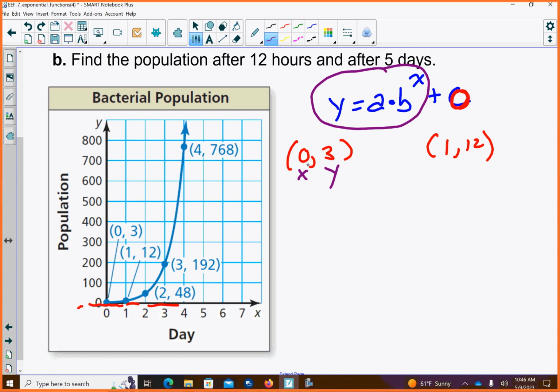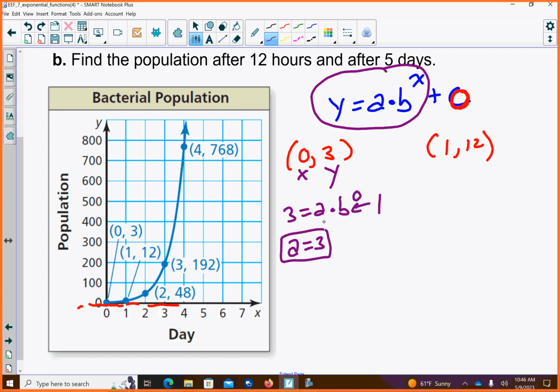All right, ready? So I'm going to take the equation above. I'm going to go 3 equals a times b raised to the 0. Take a look. Did I do that correctly? Friends, what is b to the 0? 1. So if this is 1, this is 1. A times 1 is a. So I find that a is equal to 3. You still with me?